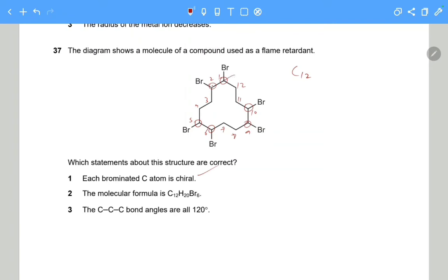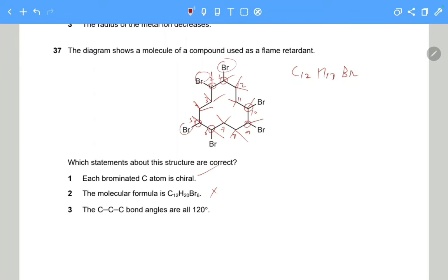Hydrogens, we have 1 here, so that's 2, 3 and 4, 5 and 6, 7, 8, 9 and 10, 11 and 12, 13, 14, 15 and 16, 17 and 18. We have 18 hydrogens. So this molecular formula is not correct because even though we have 6 bromines, 12 carbons, we have 18 hydrogens and not 20 hydrogens. So this is not correct.